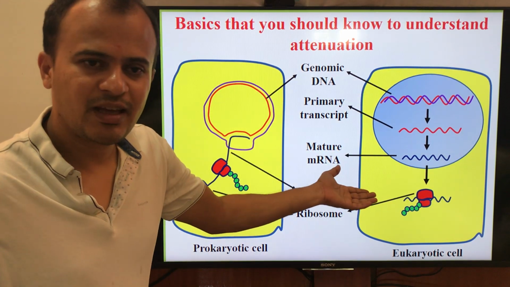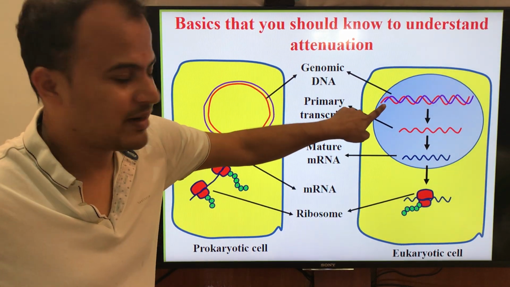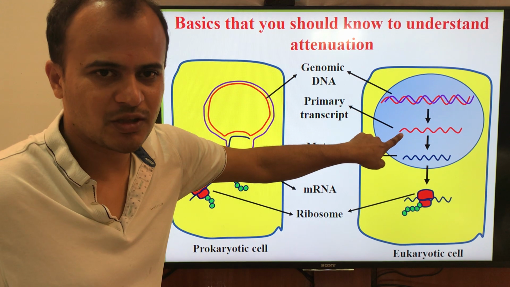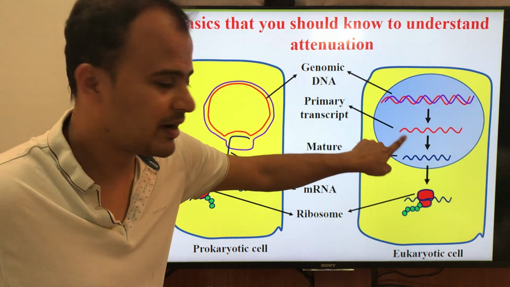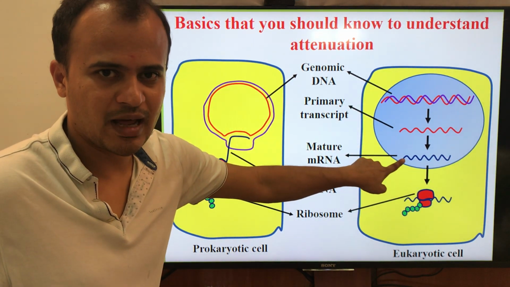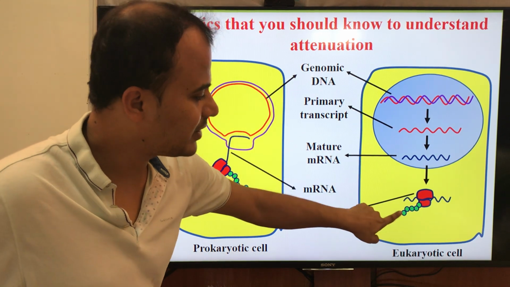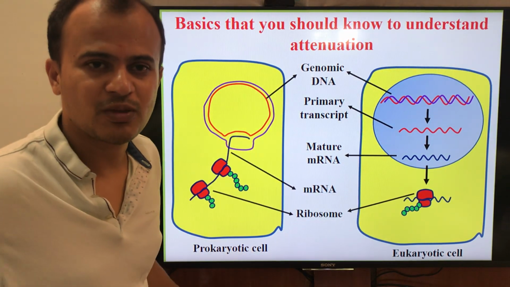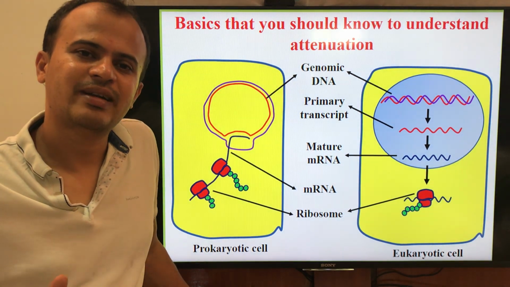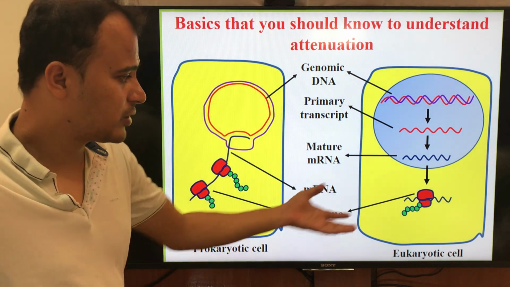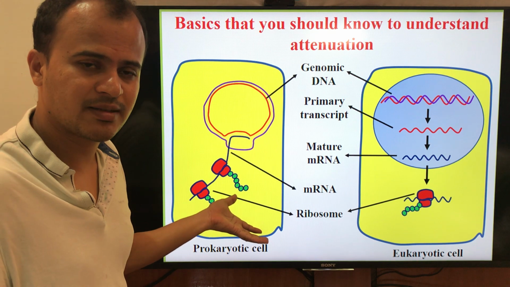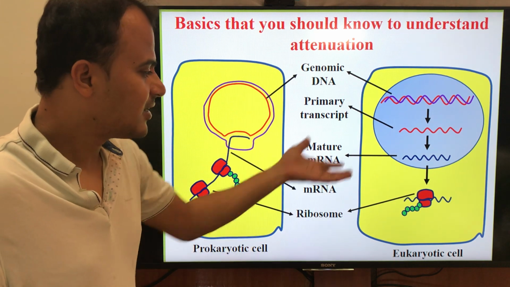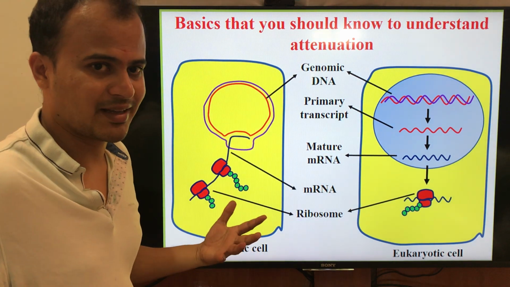But in the case of eukaryotes, DNA gives rise to RNA through the process of transcription. Then RNA undergoes processing to get mature RNA. The mature RNA will be transported to the cytoplasm where the ribosomes are present to undergo translation. Therefore, the prokaryotic cell is unorganized and the eukaryotic cell is more organized.